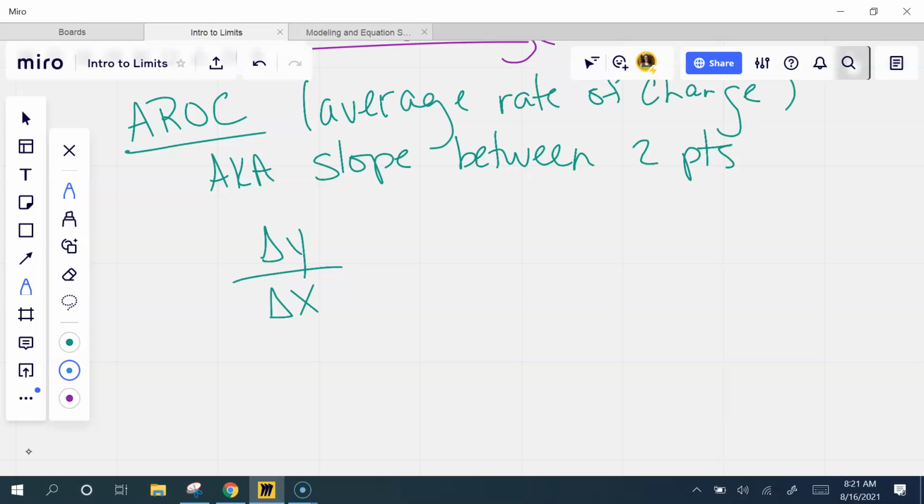Let's look at a graph for just a second. Let's look at these 2 points.